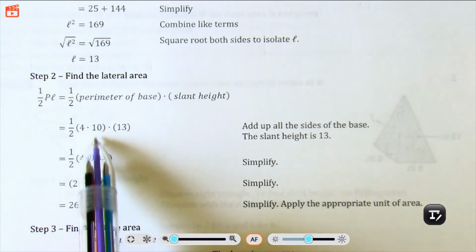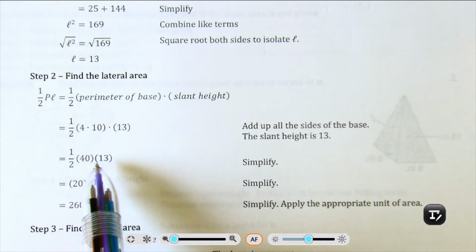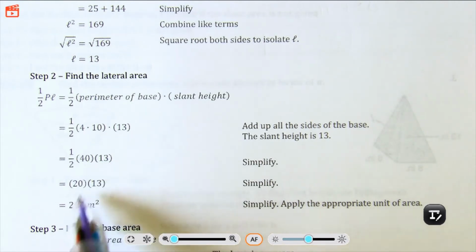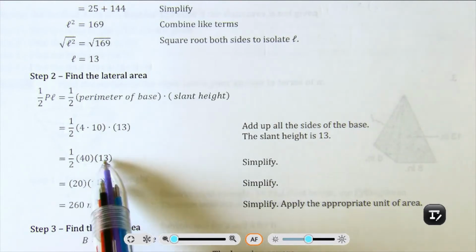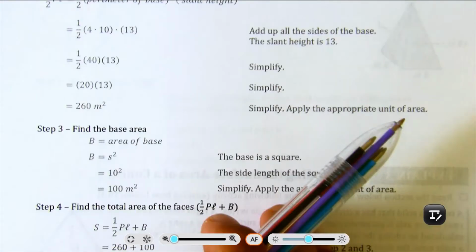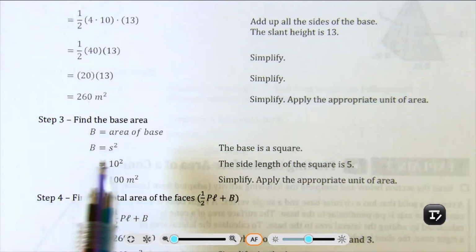The 13 is the slant height. Half of 40 times 13 ends up being 260. Then the area of the base is 100, mainly because each side is 10, so 10 times 10 is 100.